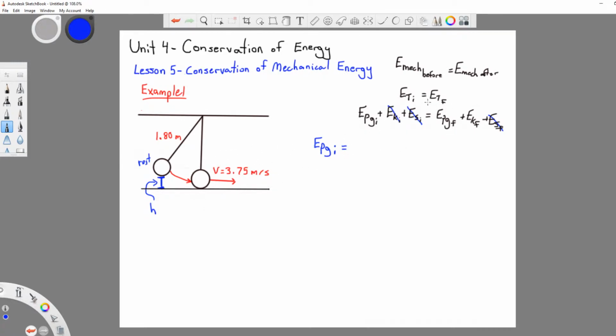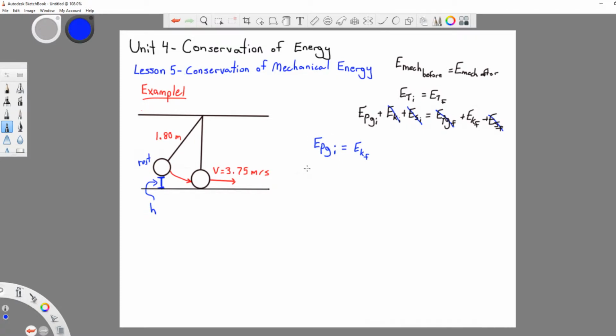So for potential gravity final, that one's going to be 0 because there's no height. But the kinetic energy, this now has a velocity of 3.75 meters per second, which means we have kinetic energy. So we'll call this energy kinetic final. All right, so far so good. Now all we have to do is expand these formulas out even further and put numbers in and solve.